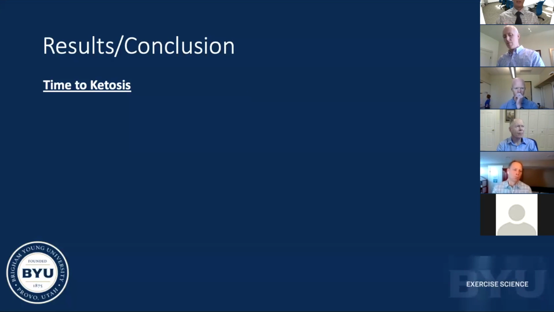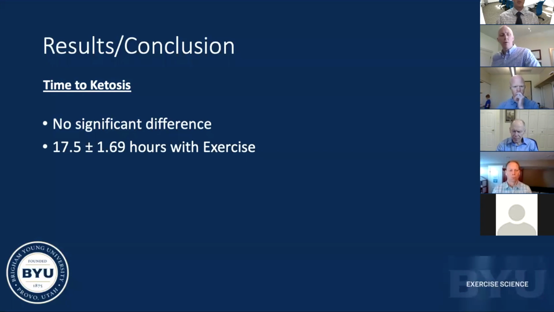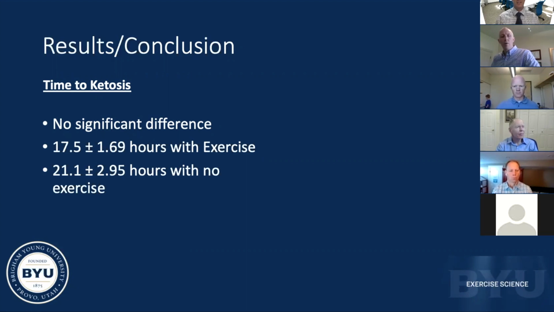So we wanted to see that, and unfortunately, there was no significant difference between our two protocols in the time that it took to achieve that level of 0.5. What we can tell you is that those who exercised got there in about 17 and a half hours. If you did not exercise, it took you a little over 20 hours. So you had about a 3.5 hour difference. Again, not enough to make it significant.